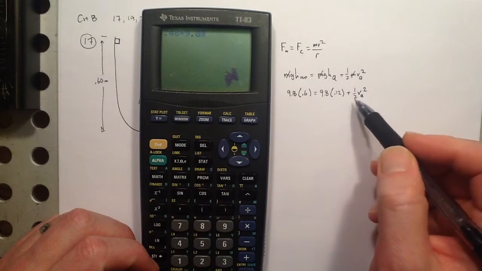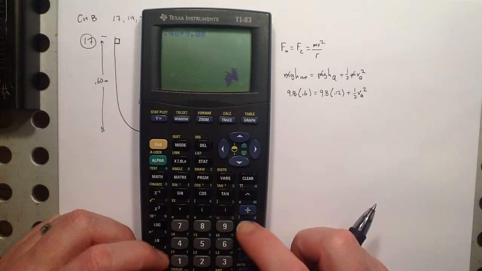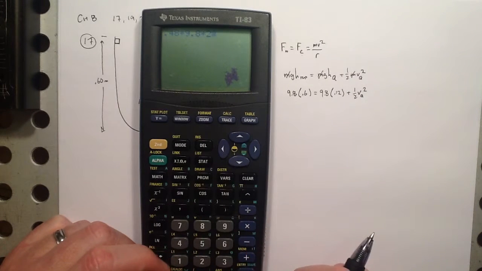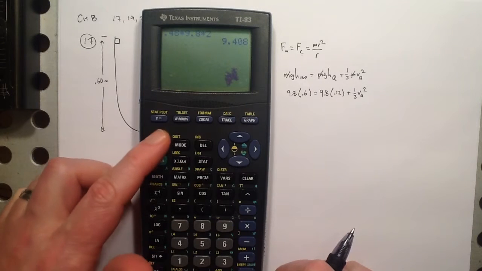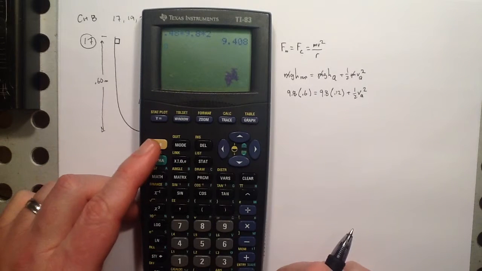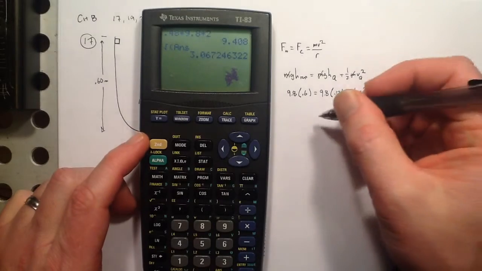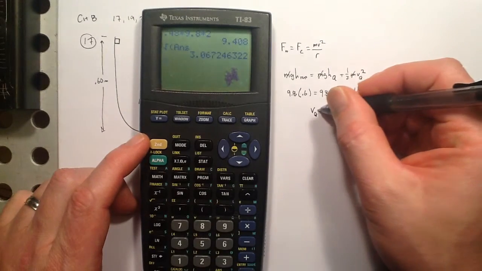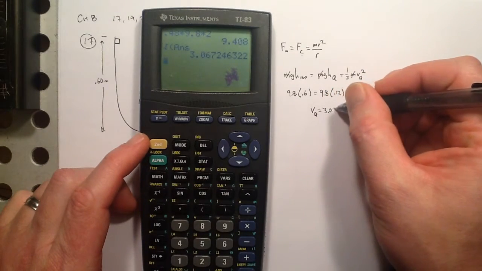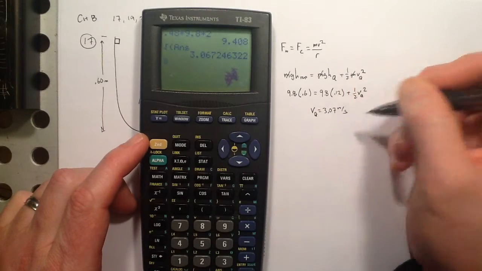And then I'm going to have to divide by 1/2, or multiply by 2 in other words, and then take the square root of that. So the velocity at point Q will be 3.07 meters per second.